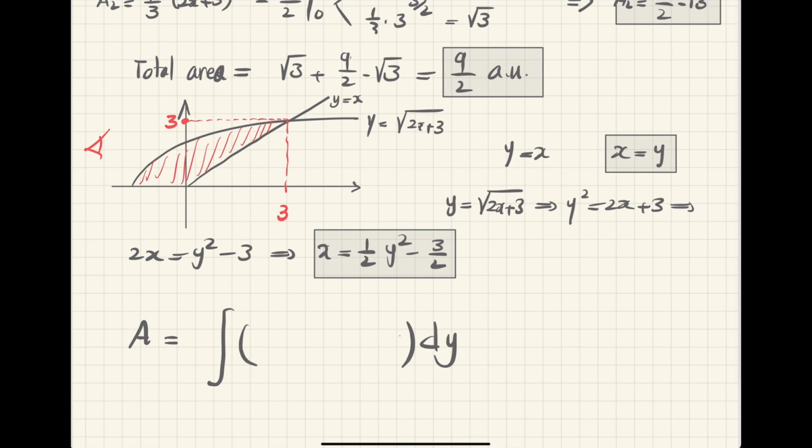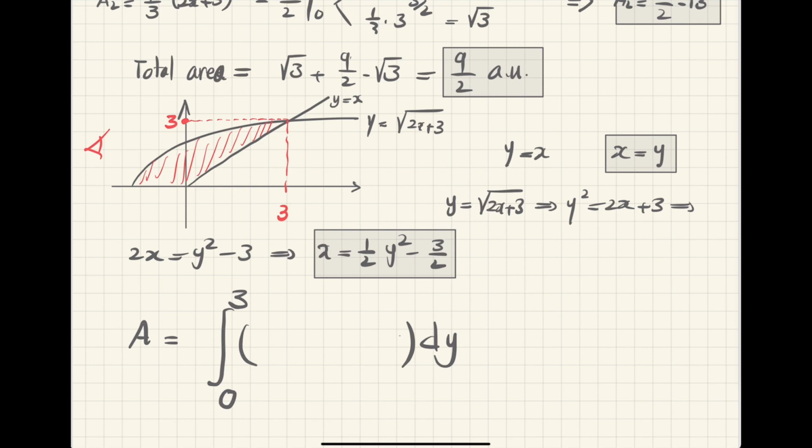Okay, can you tell me what the lower bound is if I want to look at it in this way? What is the lower bound for this area from the y perspective? 0. 0. And what is the upper bound? 3. 3, thank you.